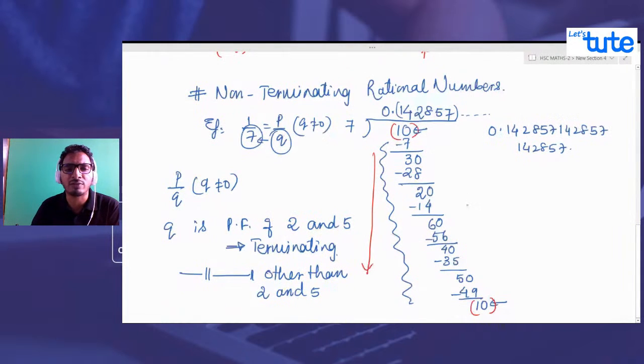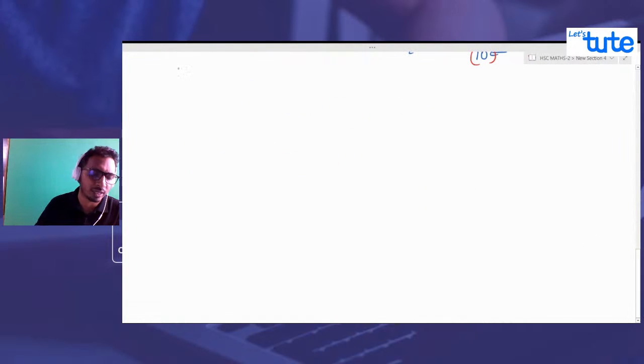The fun fact is that the q in this case is 7, a prime number. So if you have prime factorization other than 2 and 5, then those rational numbers are non-terminating. So let us take a few examples to figure out if they are terminating or non-terminating.